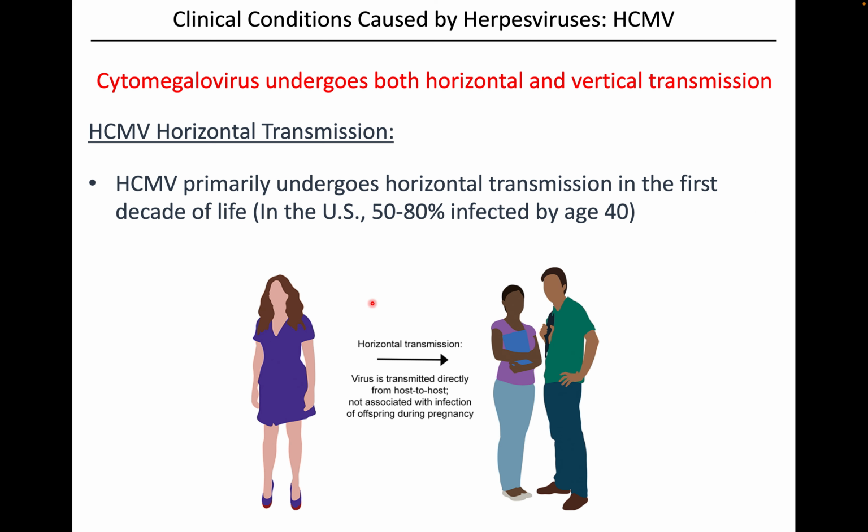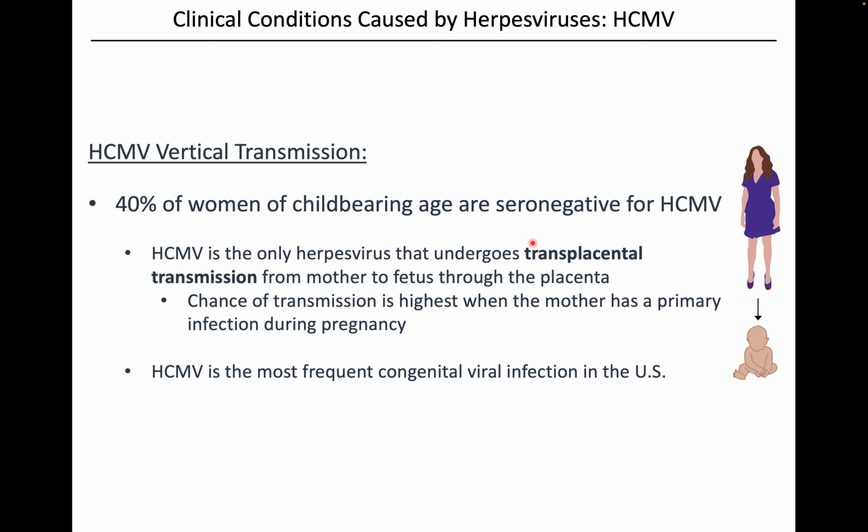And this one's interesting, cytomegalovirus, because you get both horizontal, adult to adult transmission, but also in some cases vertical transmission. And the vast majority, 50 to 80% of people in the U.S., are believed to be infected by the age of 40 with cytomegalovirus.